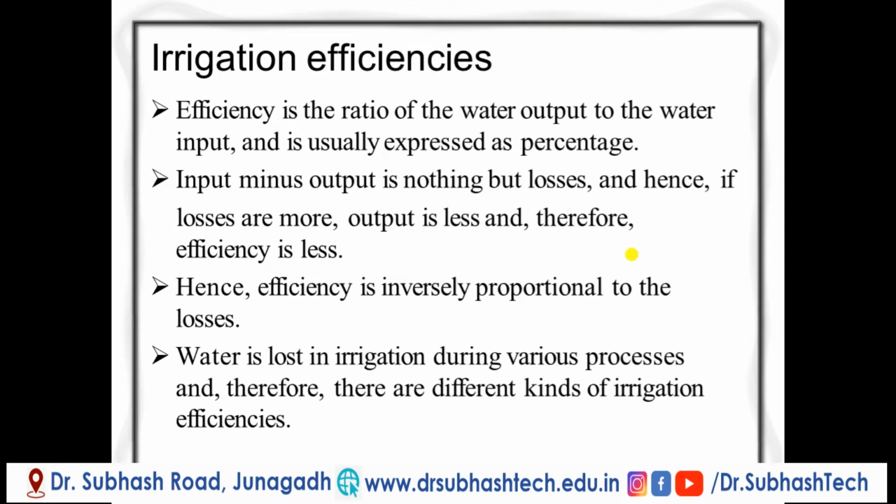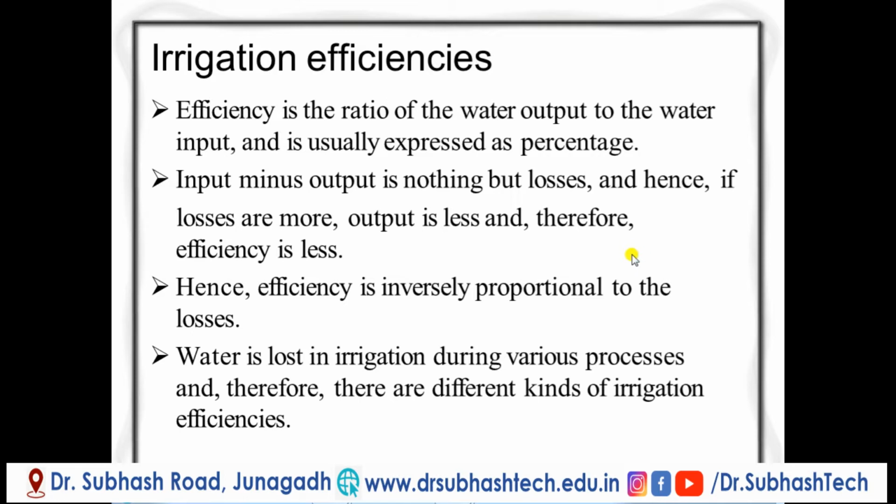In the case of irrigation, the input is water and the output is generally in terms of many benefits, like economic growth of the country, farmer wealth, and their production ratio with respect to the application of irrigation. Generally, irrigation efficiency is the ratio of water output to water input, and it is usually expressed as a percentage.